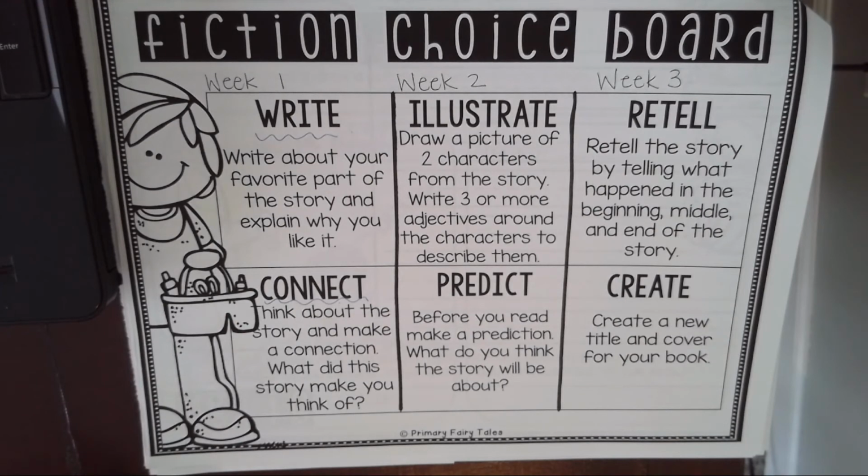If you are reading a chapter book, maybe you're going to look at the title of the chapter. If there are titles for each chapter, maybe that's going to give you a clue about what the next chapter is going to be about. Or maybe you already are reading the chapter book and you already know a little bit about the story, but what do you think is going to happen next?